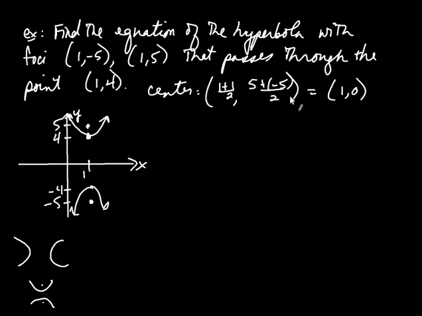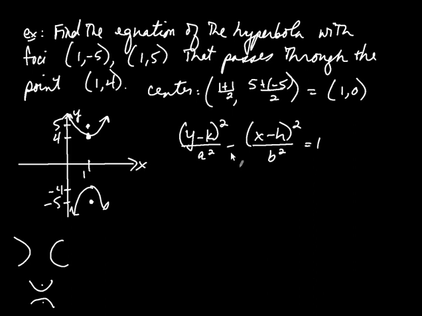So there's only a horizontal shift. Now, because it's oriented vertically, remember that the a goes under the y coordinate. So in this case, we've got y squared. Take that back, it's been shifted, so it's going to be y minus k squared, like it is for all the other ones. So (y minus k) squared over a squared minus (x minus h) squared over b squared equals 1. And it's minus here because it's a hyperbola.